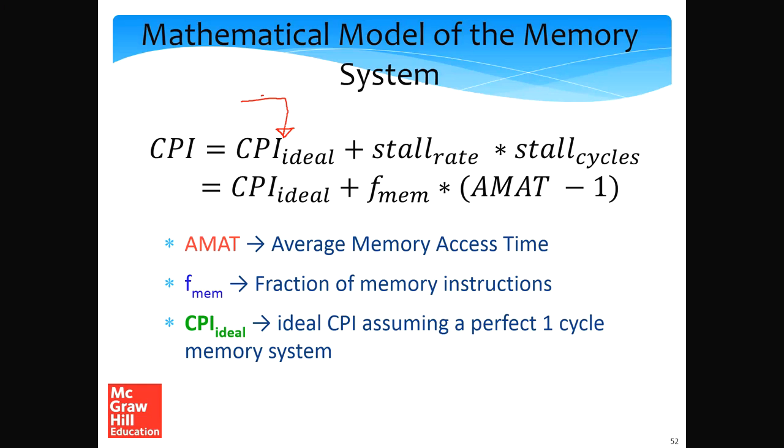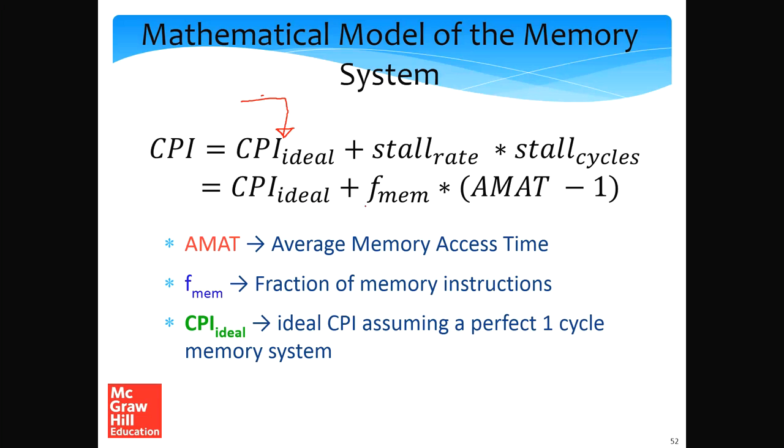This can include pipeline stalls and everything else, but the only assumption is that the memory system per se has hits in 1 cycle. Then we use the stall rate as the fraction of instructions that actually stall, and for each stall how many cycles we waste. This essentially gives us the number of pipeline bubbles, as we have seen in the previous chapter.